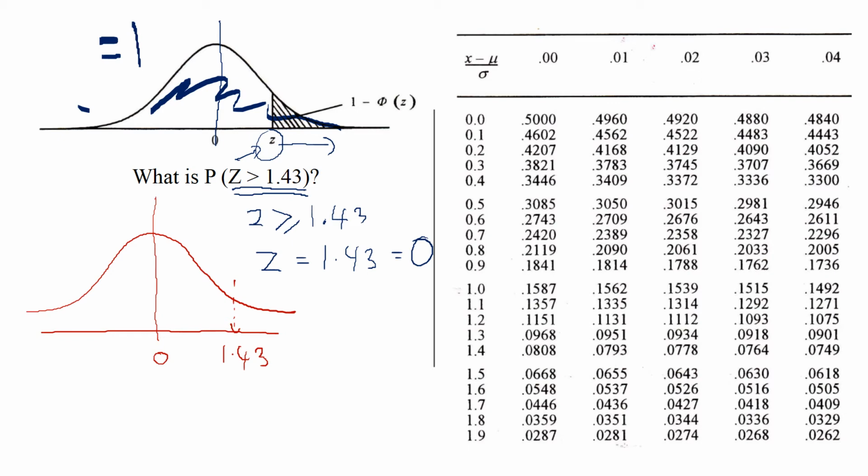We get the probabilities from areas under the curve. The probability that Z is more than 1.43 is simply the area under the curve to the right of 1.43. So we want to find the probability of an area here.